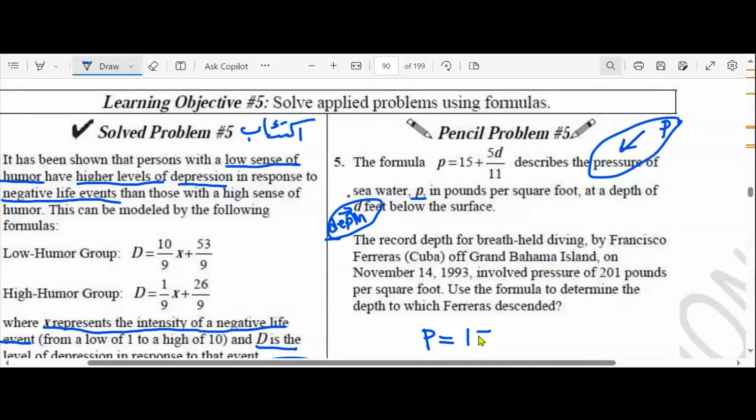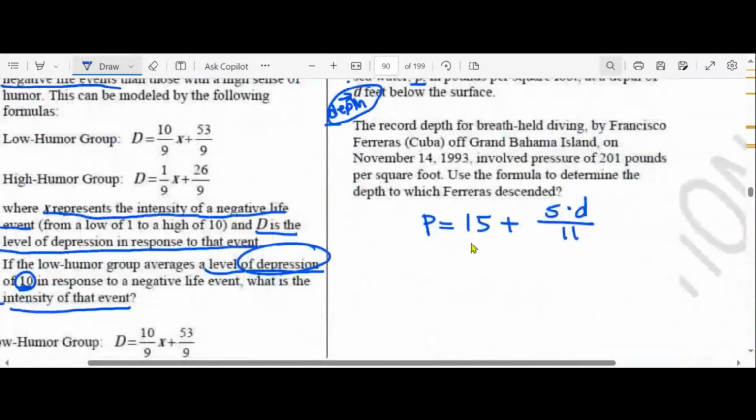What is the formula here? P equals 15 plus 5D over 11. Now, what is given here? P is 201. P is the pressure, 201 pounds.